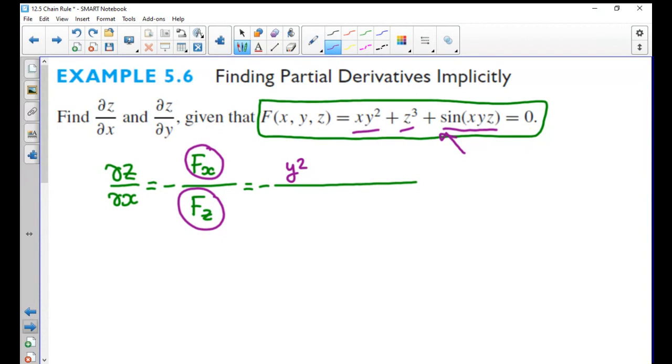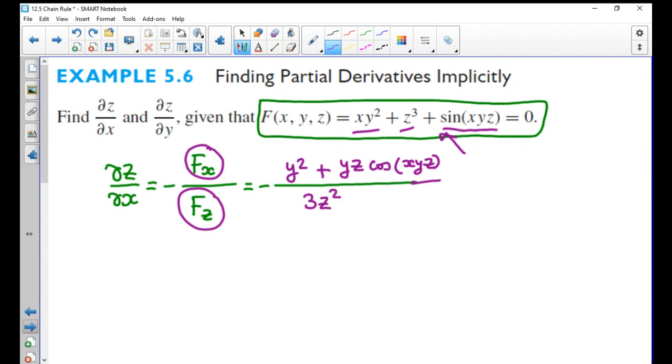The inside, with respect to x, will be yz cosine xyz, like this, over the derivative with respect to z. So with respect to z, we will get 3z squared.